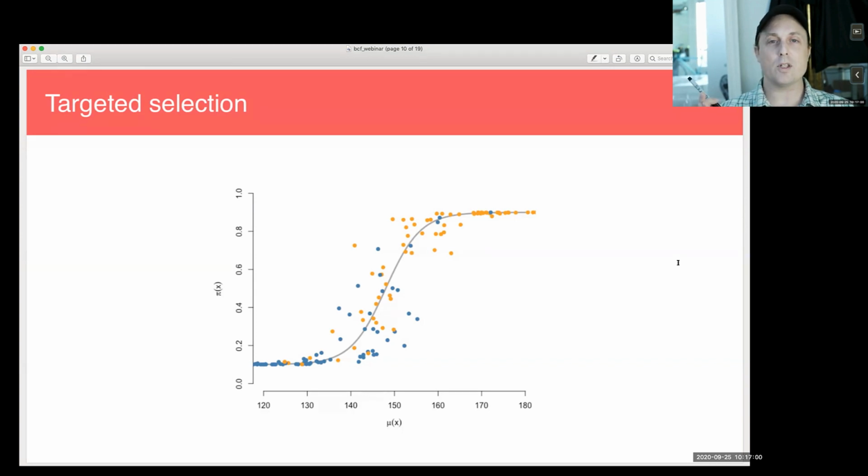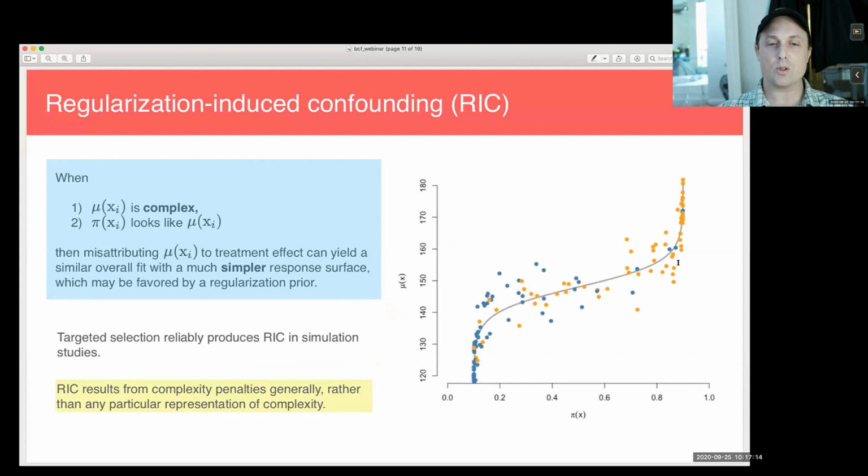So on some level, this is just the usual confounding. But here's the problem. When I show it to you like this, it looks really simple. But as a matter of fact, X can be dozens of variables, and mu of X can be quite complicated. All right? And here's what happens, we argue, is that if you flip this picture on its side, it's the same exact plot.